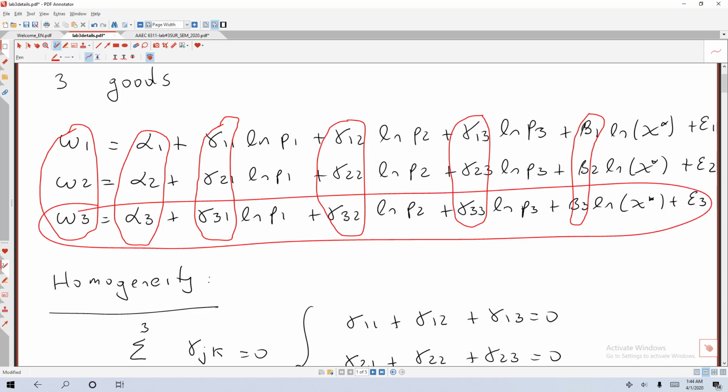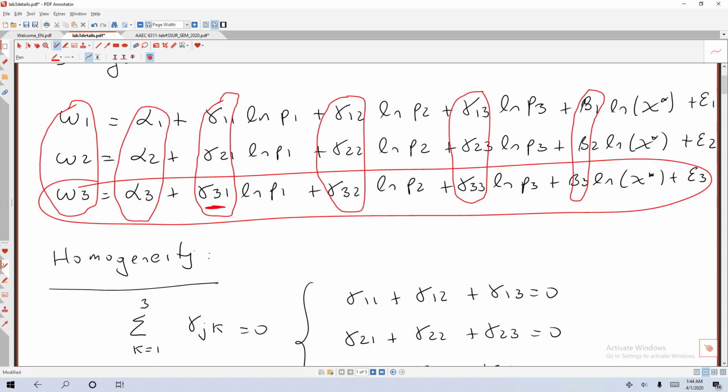Now, there are other ways also in which to recover the coefficients. So, for example, alpha 3,1 can be recovered using the homogeneity restriction, since we already have the gamma 1,3. So we have that one. For the 3,2, the same thing.